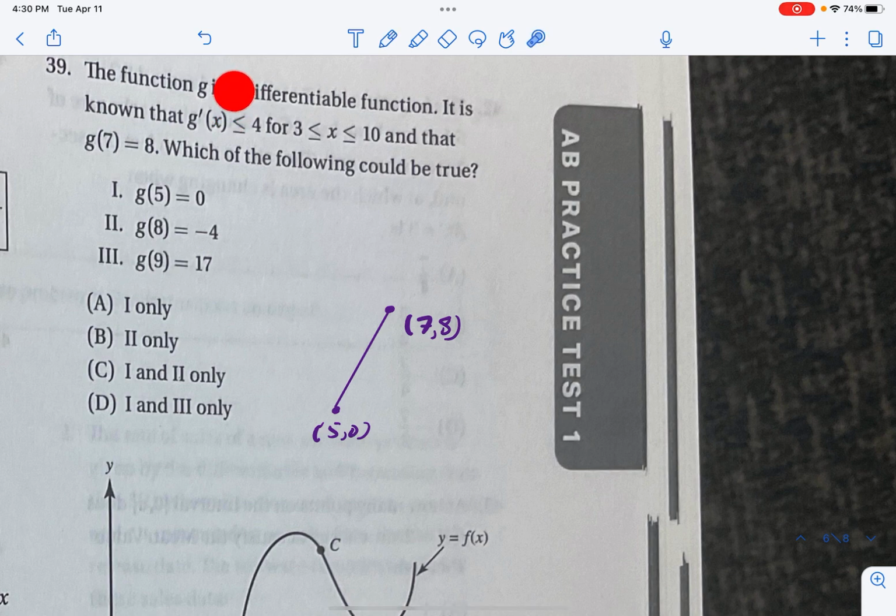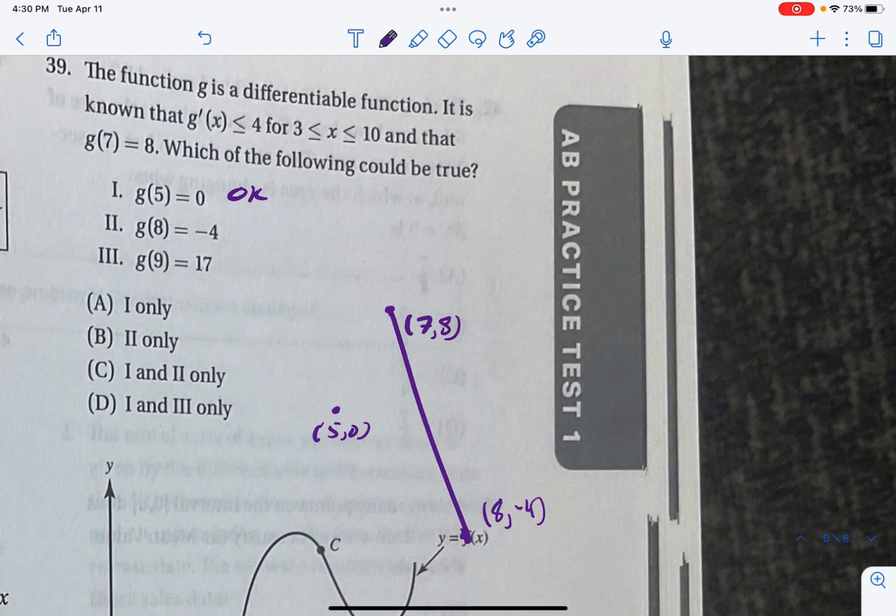The slope would be less than or equal to 4. Right? So this looks like it's okay. That looks like it's possible. Okay. Is it possible for g of 8 to be negative 4? Well, that would mean that we're going way down here to 8, negative 4. We can have negative slopes. So it looks like that's not a problem.